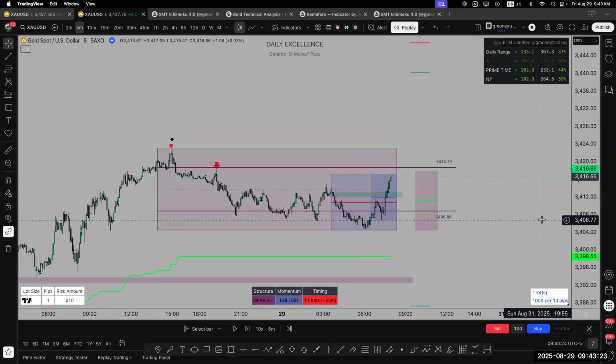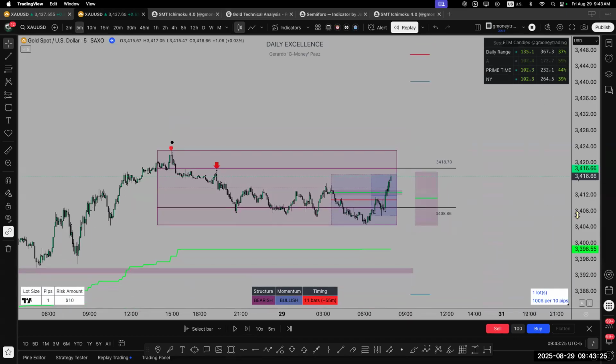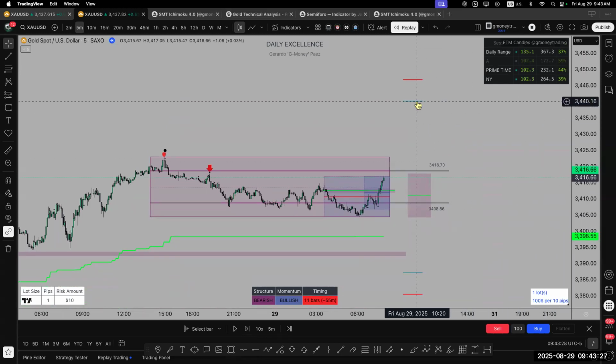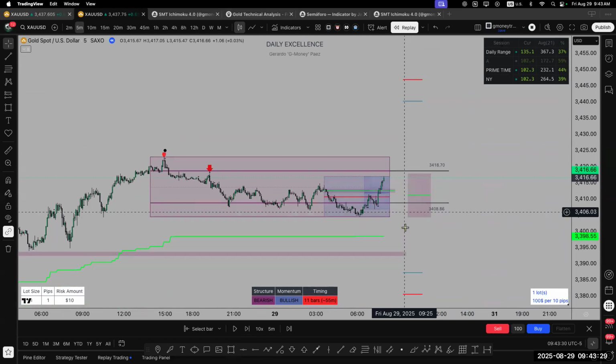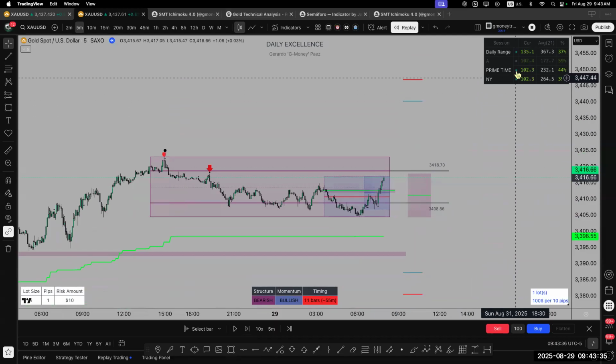Now here's the thing, guys. This analysis is making sense, but it doesn't have a purpose if we don't have a destination. You've got to have a destination in front of you. How high can it go? I use those directions based on the average movement that price likes to do.